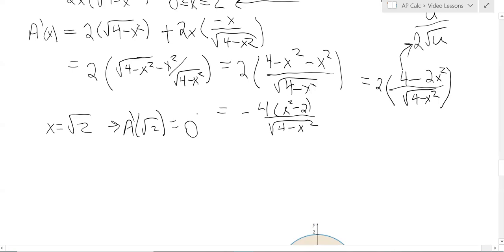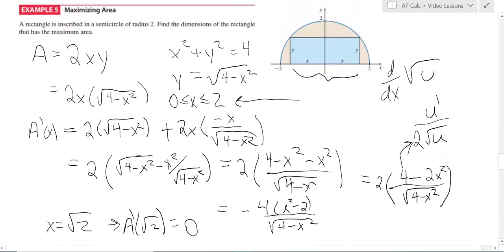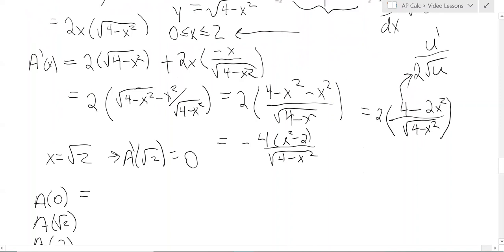All right. So the value of the area function, we can evaluate it at the endpoints and at root 2. If we plug in 0 to the area equation, when x is 0, that's going to make the whole function equal to 0. And if I plug in 2, you would have 2 times the square root of 4 minus 2 squared.